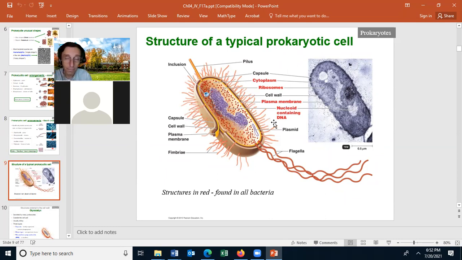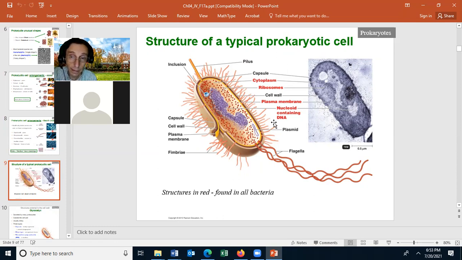Now, the DNA of a prokaryotic cell is simply floating around in the cytoplasm. And there is no distinction between where the DNA is and where the cytoplasm is, because there's no membrane separating them like there is in a eukaryotic cell. So wherever the DNA floats, that is where we call the nucleoid region. It's where the DNA is in a prokaryotic cell.